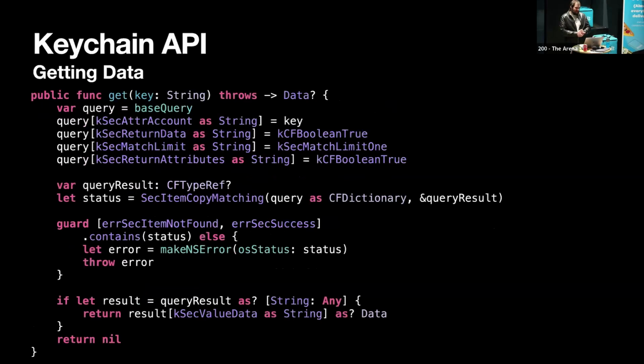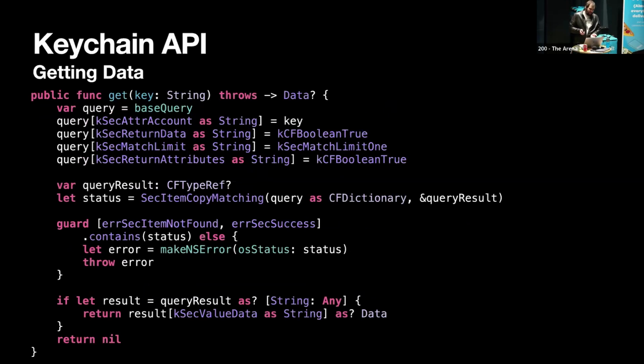Then getting data is the most complex. So again, we start with a base query, and the way it works is that you execute a query in the keychain, and it can actually copy multiple values, multiple data pieces, but you need to limit how many of them you want. And usually if you have one key, you can get one value.